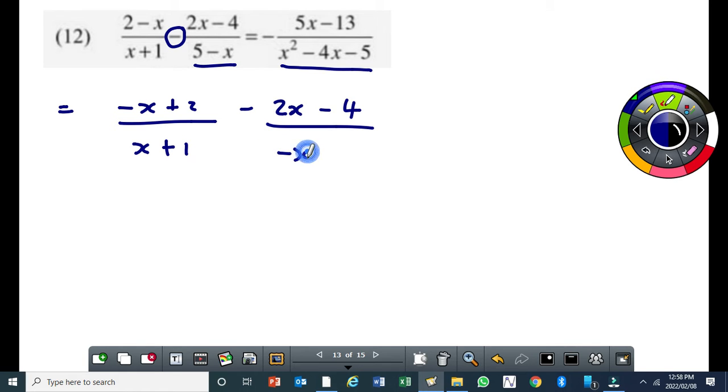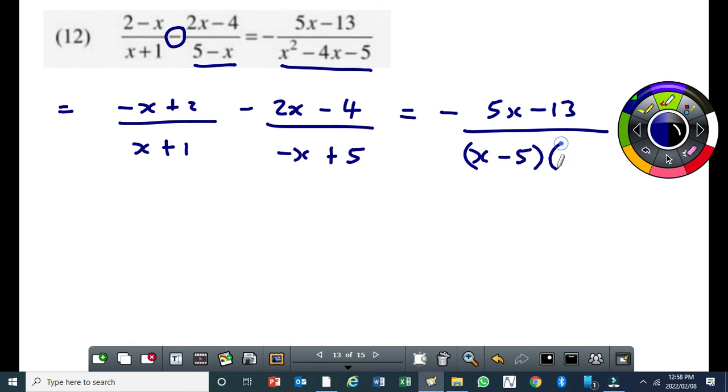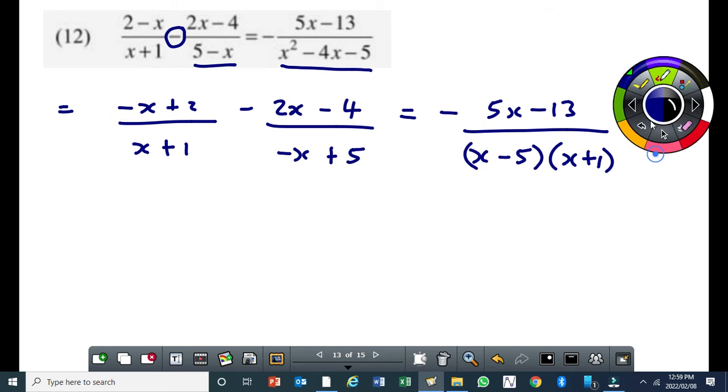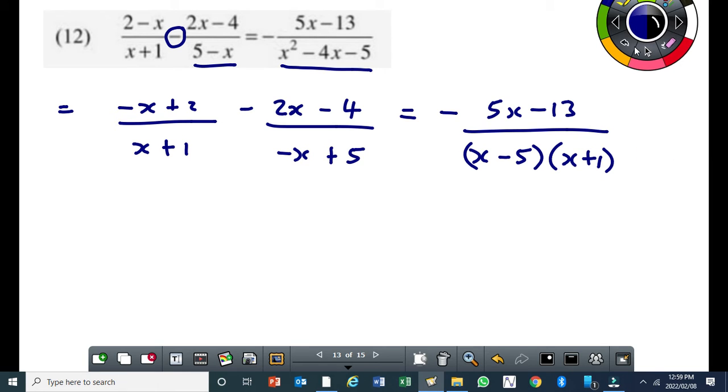So it will be minus x plus 5, equal to minus 5x minus 13 all over. Now I need to factorize that denominator, so I can write it as x minus 5 times x plus 1. We're following that, yes?